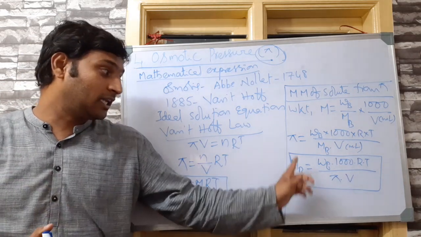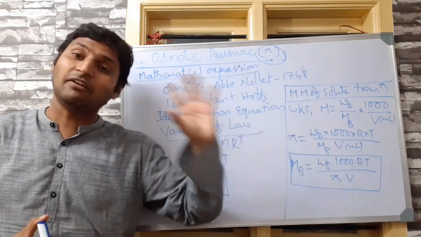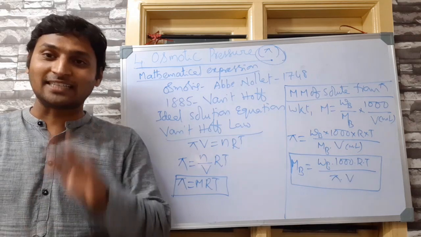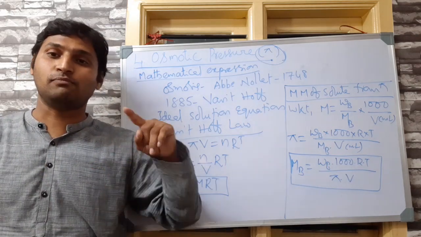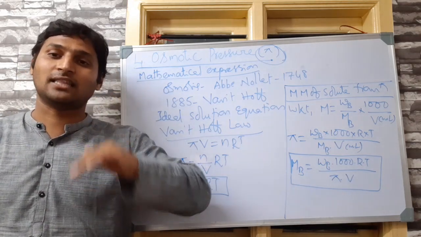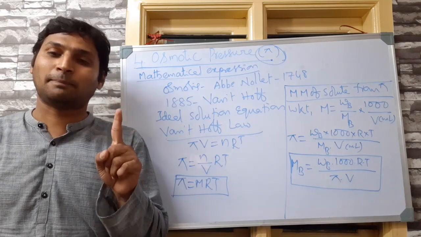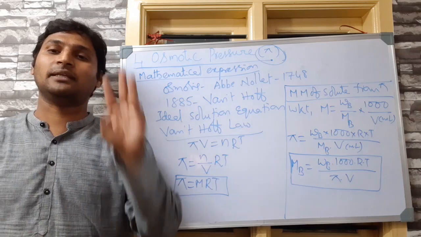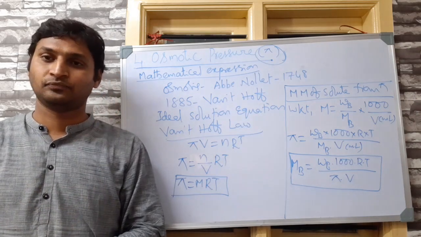Whereas osmotic pressure value for even macromolecules comes in fairly large value. That's why for determination of molar mass for polymers and other macromolecules, osmotic pressure method is the best method compared to RLVP method, delta TB method or delta TF method.